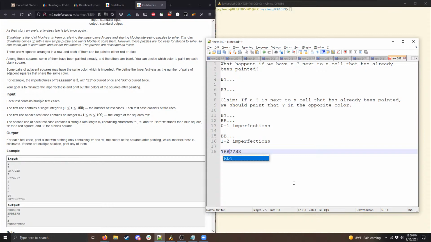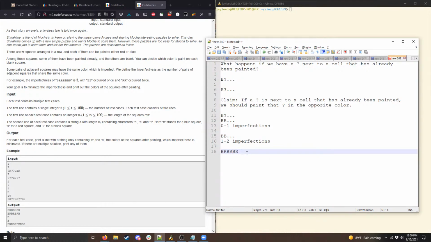Once we fill all of these values in, we're going to know what to do with this one. And more generally, if we have a configuration like B question mark, question mark, question mark, question mark, well, we know what to do with this because it's next to a B, we should make it an R. Well, now this one's next to an R, so we can make it a B. So we can make this one an R and this one a B and so on.